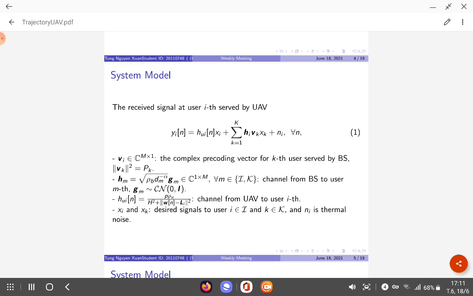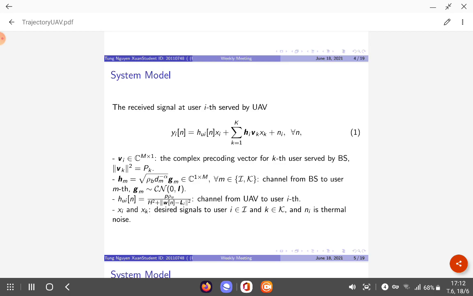The first part is the desired signal from the UAV, and the second part will be interference from the base station to the UAV, represented by a certain interference parameter in the simulation result, and the third, final part is thermal noise.